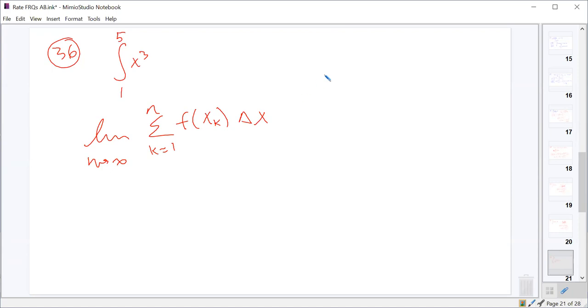And as we talked about before, delta x is always equal to b minus a over n, and x sub k is always equal to a plus k delta x. So if you can remember all of that, that's good news. Remember, delta x is just the length of the subinterval, so the length of the entire interval divided by n.